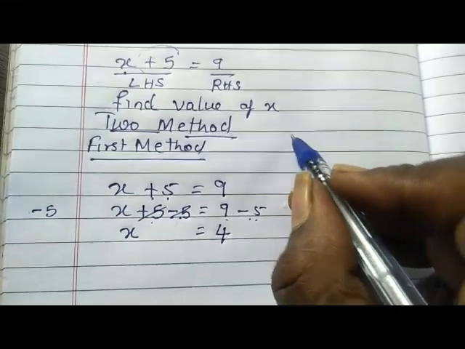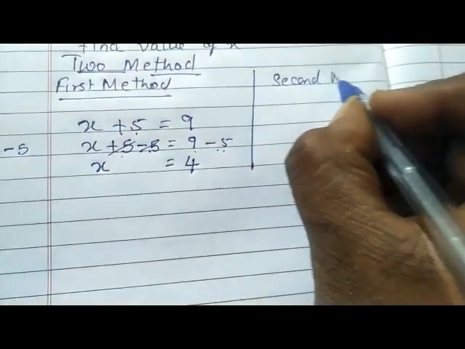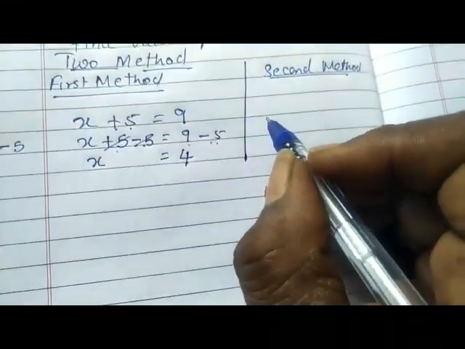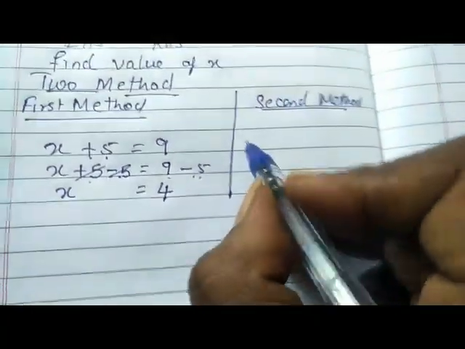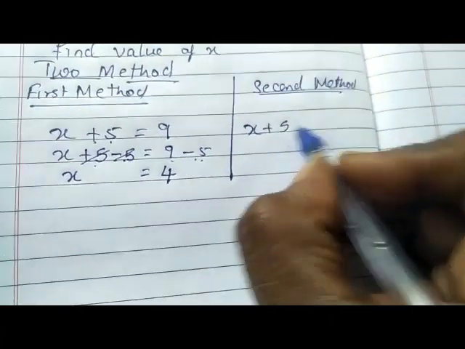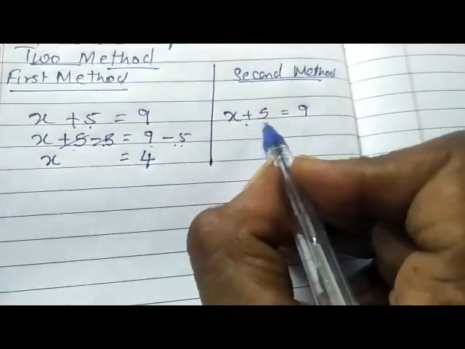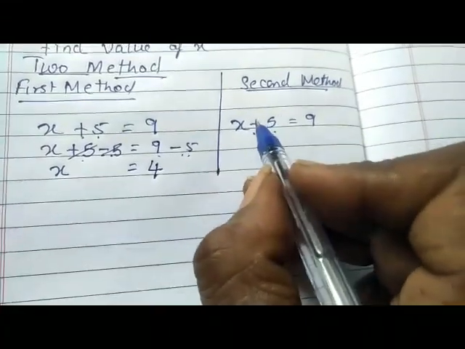Second method, I'll teach you here. You should know the opposite of plus is minus. Opposite of minus is plus. X plus 5 is equal to 9. Now here, what number do you see on the left hand side? Why are we taking the left hand side?